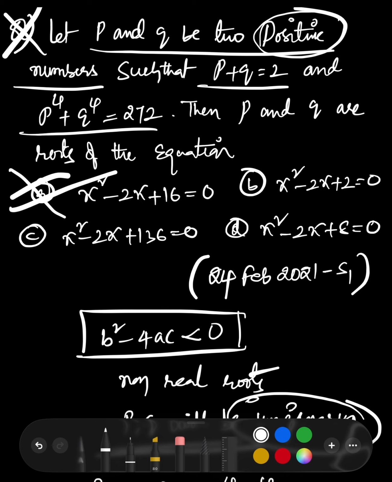But because of this word positive, it makes no sense, so I can say that this is a wrong question which was given in the JEE Mains exam. The correct version is: let P and Q be two numbers such that P plus Q equal to 2 and P power 4 plus Q power 4 equal to 272. Then the first option will be the correct option. Thank you.